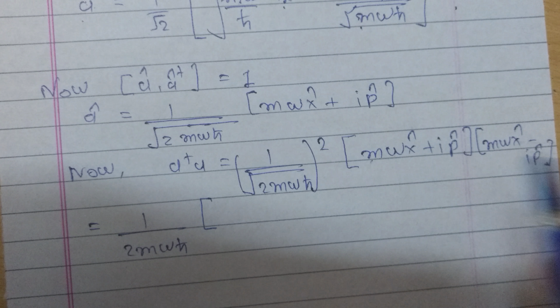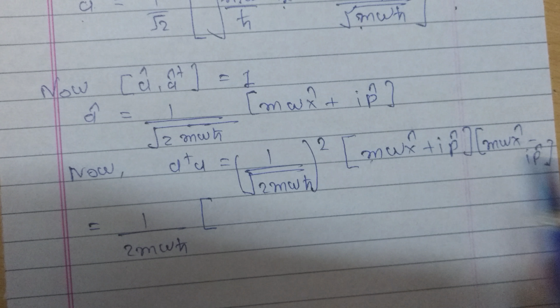Now the commutator of a and a dagger will be 1, which you can show with simple calculations. For a cap we can show that it can also be written as 1 upon the square root of twice m omega h cut into m omega x cap plus i p cap.